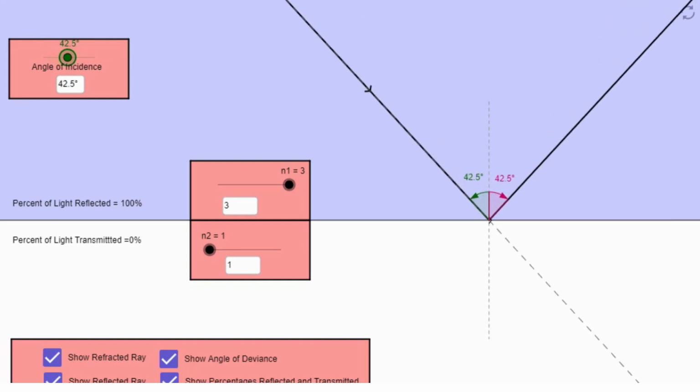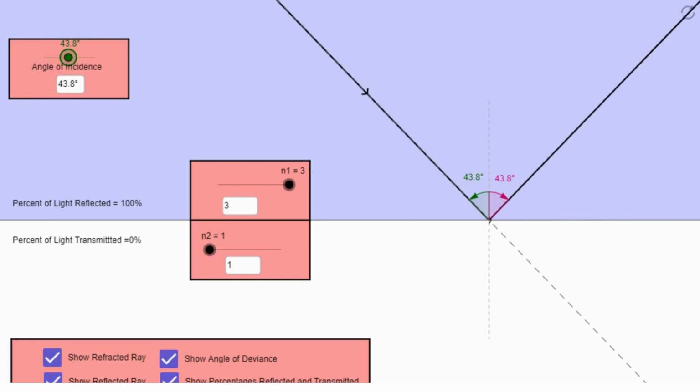So in this way, if we change the N1 value to 2, what would happen? We'll see. We observe the same because it is transmitting from denser to rarer. Let us check with N1 as 1 and N2 denser.